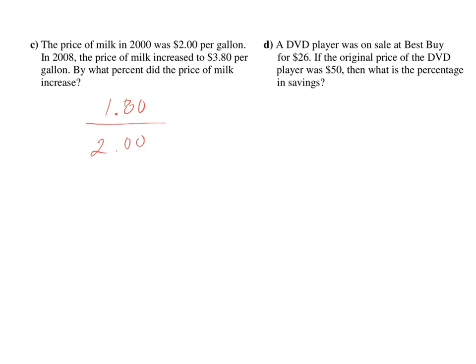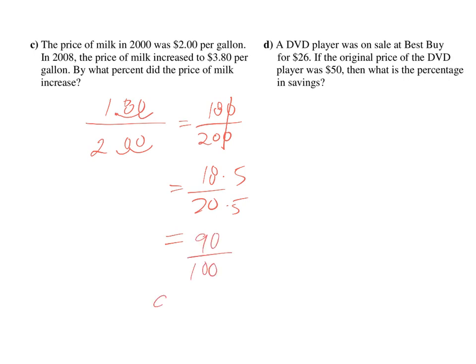Well, I don't like the decimals, so I'm going to move the decimal point to the right twice, and you have to do that to the other number as well. So instead of this funky fraction, now I have 180 over 200. That's much more simple to work with, and this is even more simple: 18 over 20, and I could just multiply top and bottom here by 5, and I get 90 over 100, so 90%. So that's a pretty significant increase in price.